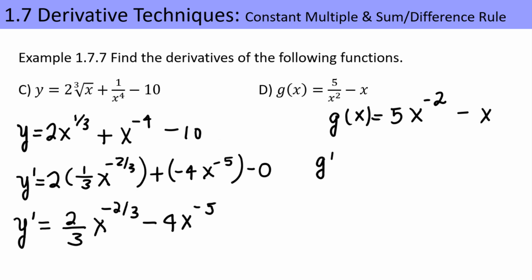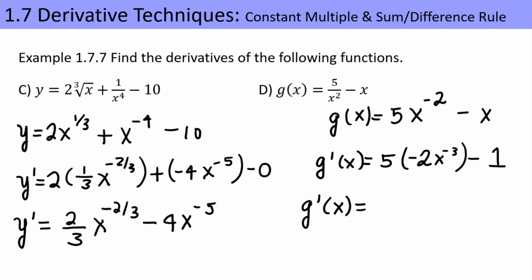We write g prime of x is equal to, the constant 5 stays put, the derivative of x to the minus 2 is, we bring down the negative 2, times x, the new power is negative 2 minus 1, which would be negative 3, and then minus the derivative of x, which is just 1. Let's clean this up, and we get that the derivative g prime of x is equal to 5 times negative 2 is negative 10, x to the power of negative 3, minus 1.